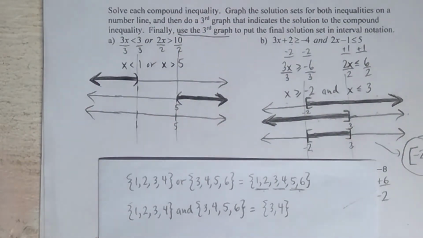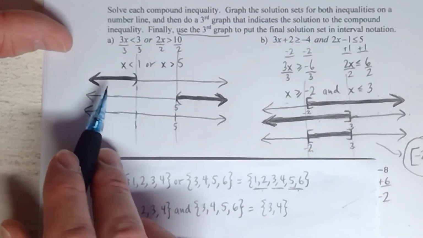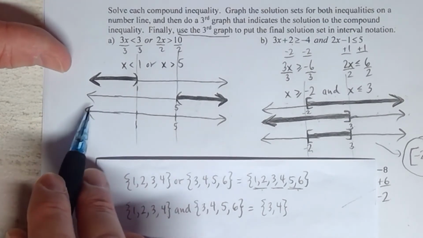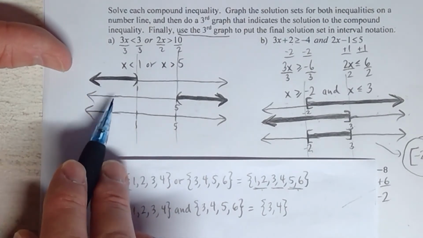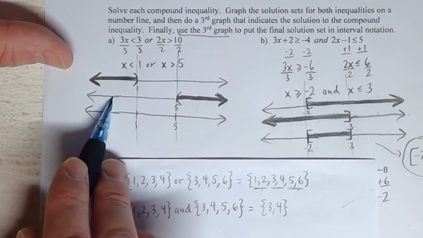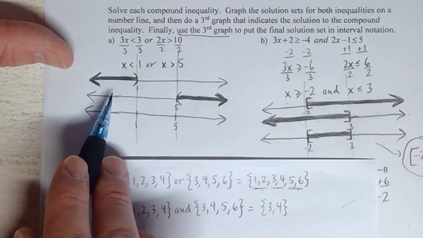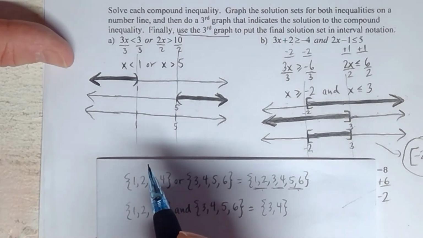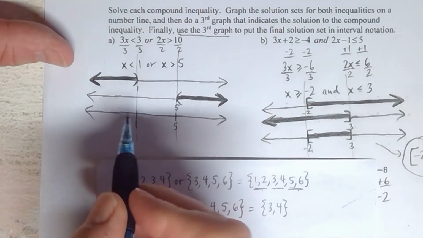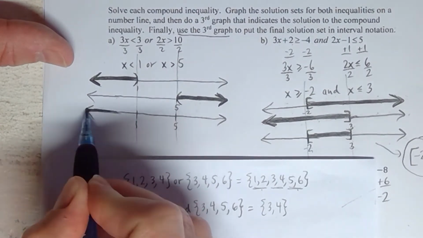So notice here that this first interval from negative infinity up to the number 1 is shaded the first time but not the second time. So it's shaded at least one time. Anything that's shaded once or twice, either one of those, is going to go in the answer. So we're going to shade this here.